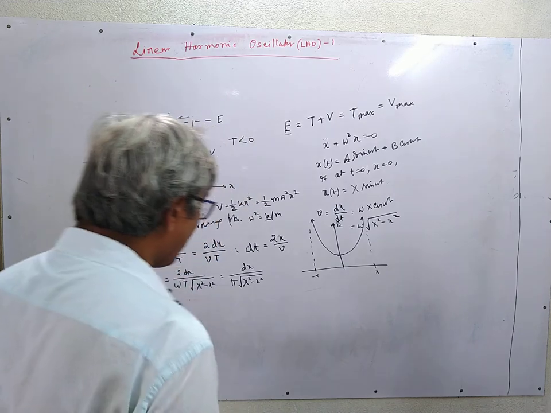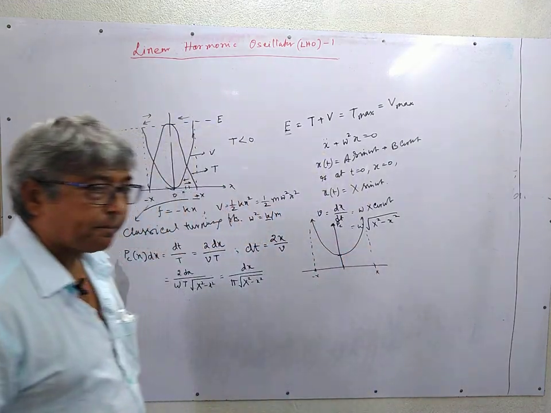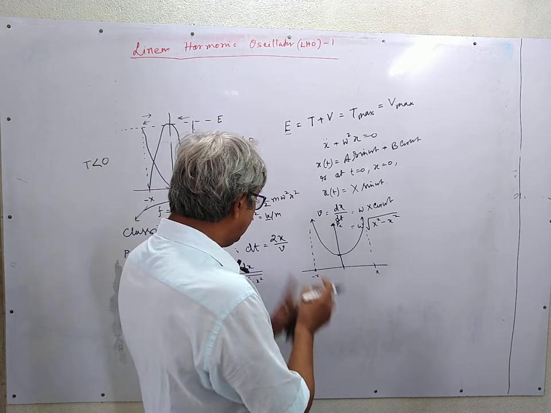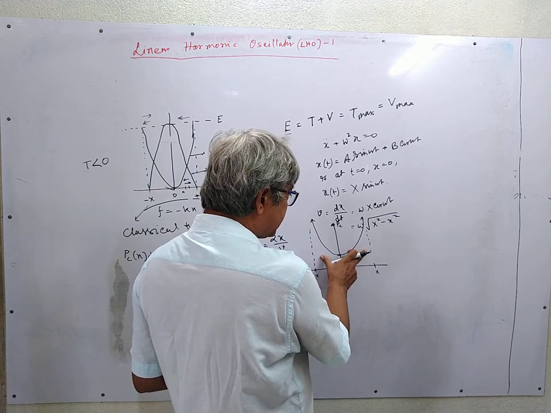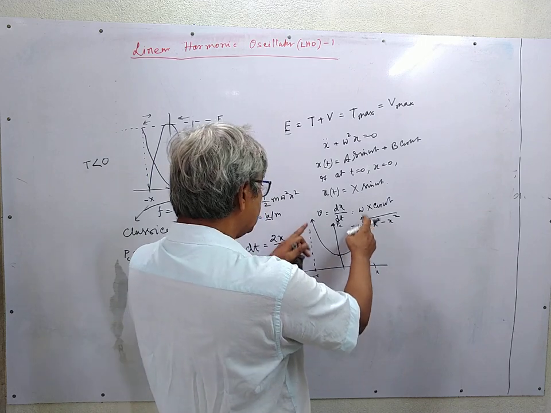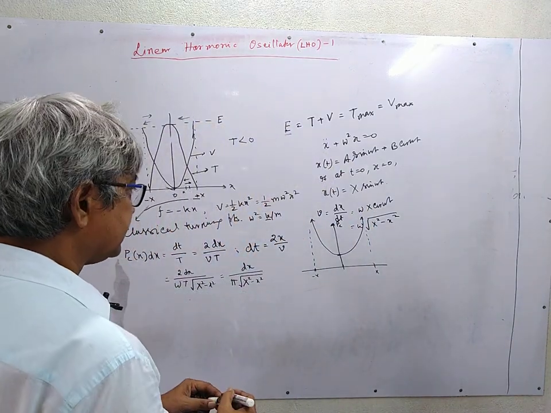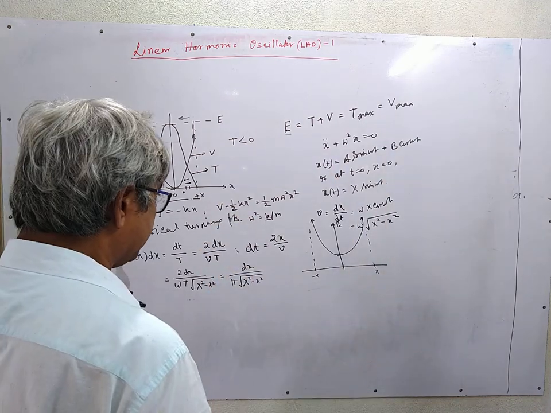This is because at the equilibrium point the particle passes with maximum speed, so the dt is small. On the other hand, at the extremities, the velocity passes through 0. That's why classically there is an infinite probability of finding the particle at the extremities.